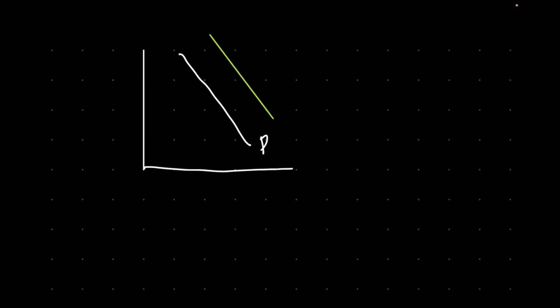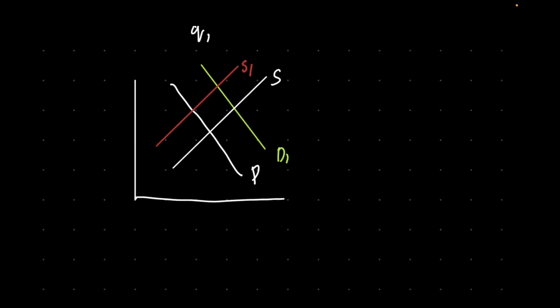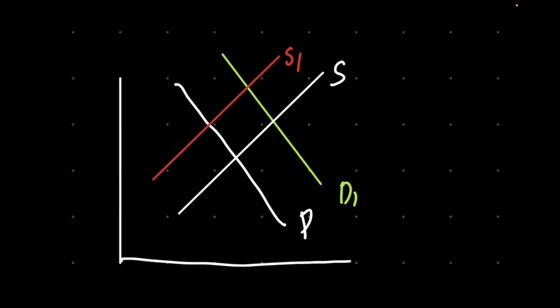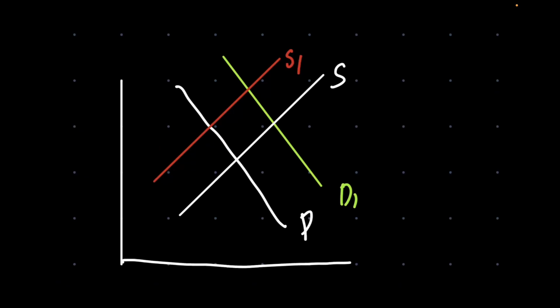What if you have a situation where the demand curve of the economy increases to D1 and you have the supply curve of the economy that decreases to S1? So you have that. Now let's take a look at the changes in the equilibrium, prices and quantity.